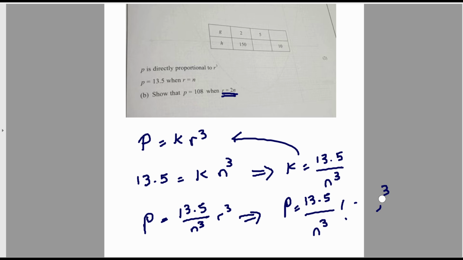So if I remove that and put 8N cube times 13.5 over N cube, the N cube cancel with the N cube if you put that over 1. And 8 times 13.5 is 108. So P is 108.